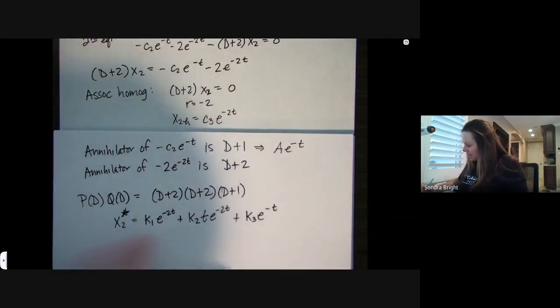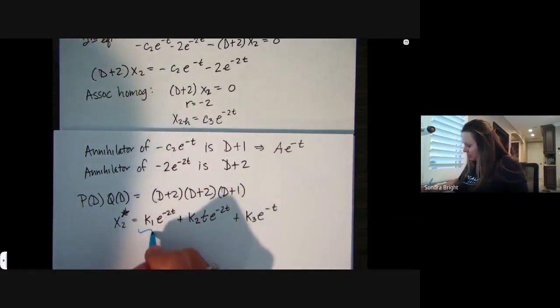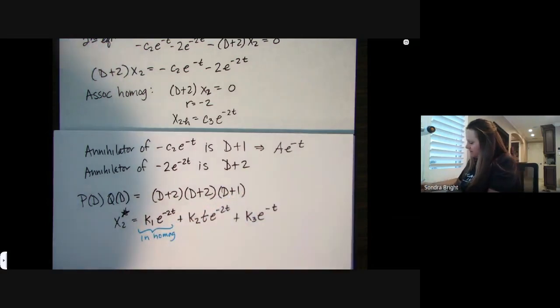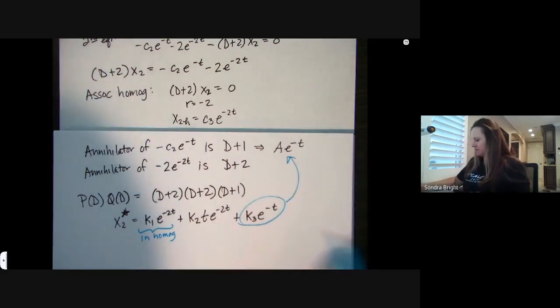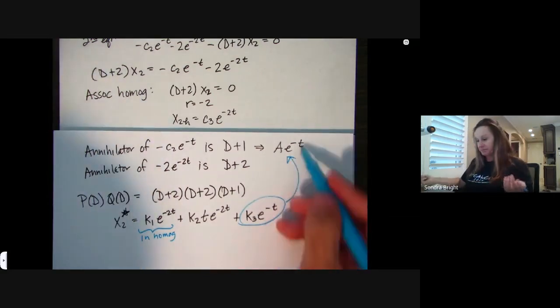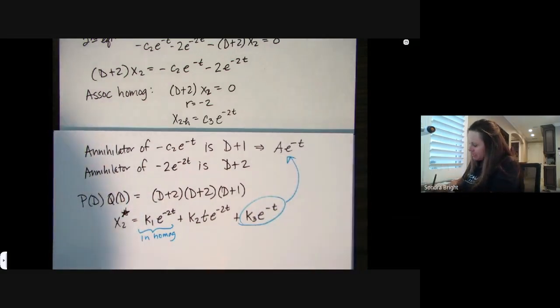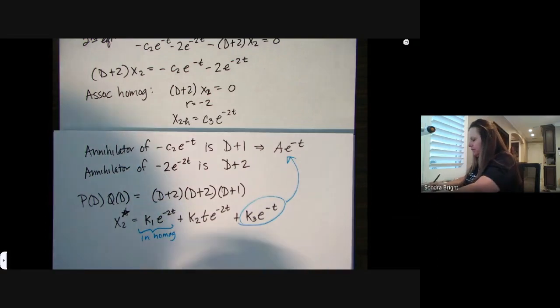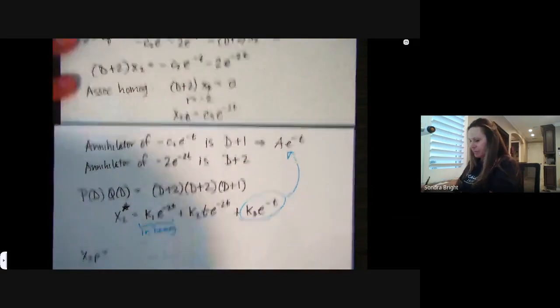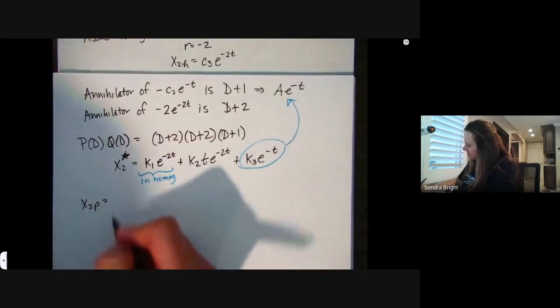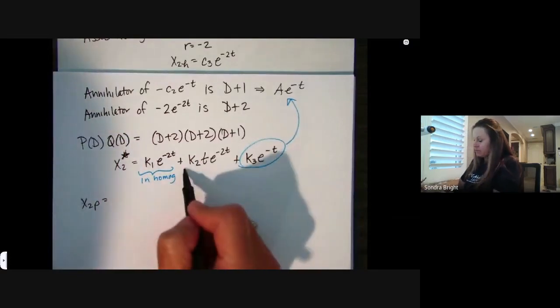All right. So this first guy is already in your homogeneous solution, and then this guy, of course, was the same as that guy. These guys are the same thing. My A is my K3. Okay, so what does that mean? Your particular solution for x2 is this guy. So I'm going to use letters.